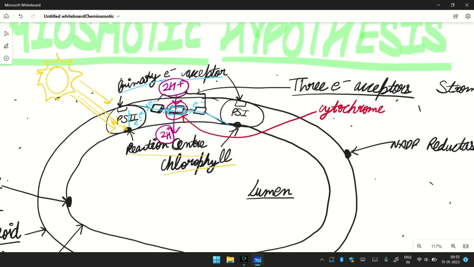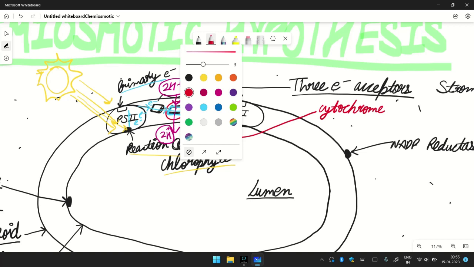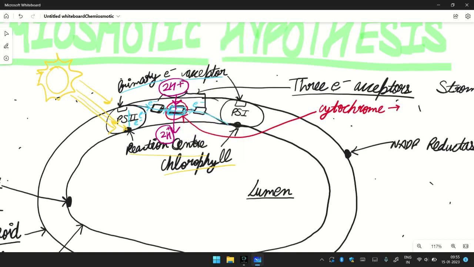So here what we get to know about our cytochrome is that our cytochrome is an electron transporter, and it is also our proton acceptor, because it accepts the proton from the stroma and then transfers it into the lumen, and it also transports the electron.